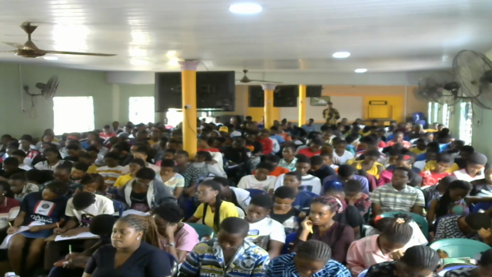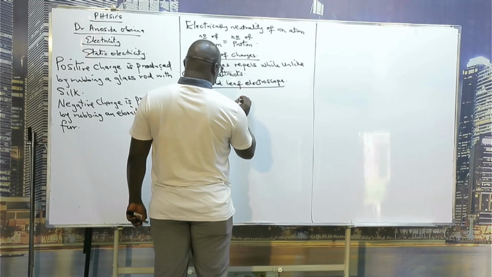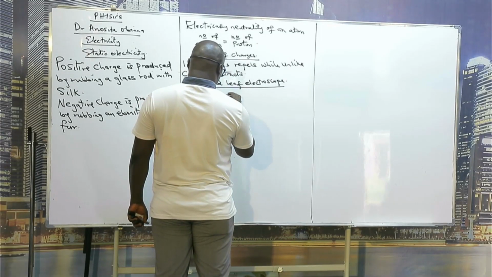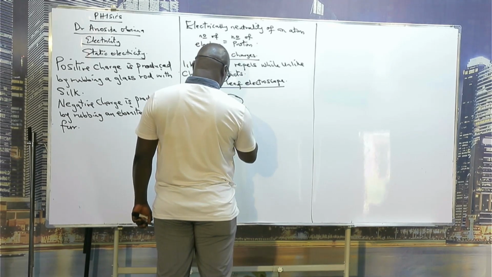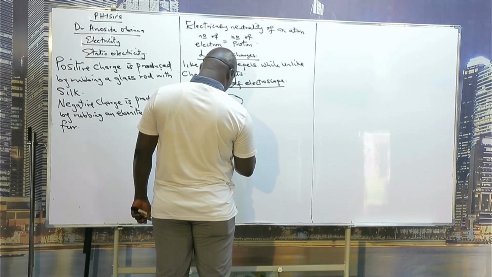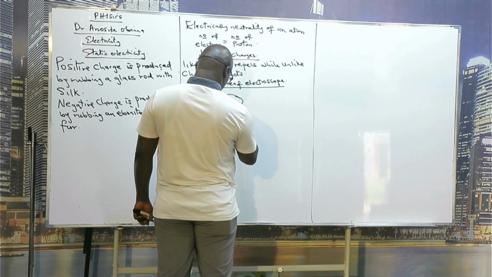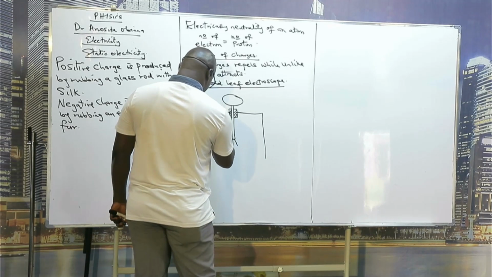Diagrammatically, we can represent it in this form. It has a cap, a rod, and now we have the gold leaf. We have a cork; we call it an insulating cork. Now a glass casing.